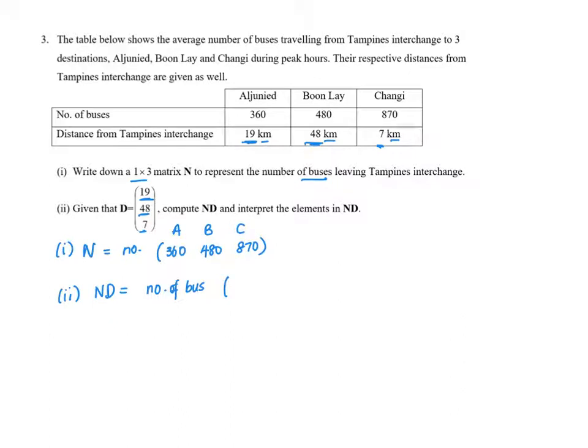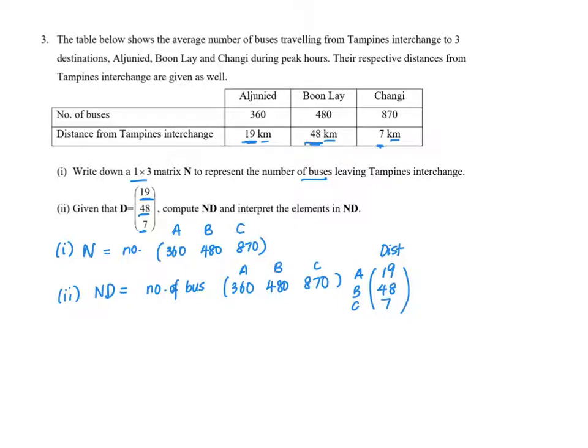So I will have 360, 480, 870, A, B, and C. And these buses travel a total distance to Aljunied, Boon Lay, and Changi; the distances are respectively 19, 48, and 7. So this is talking about the distance.